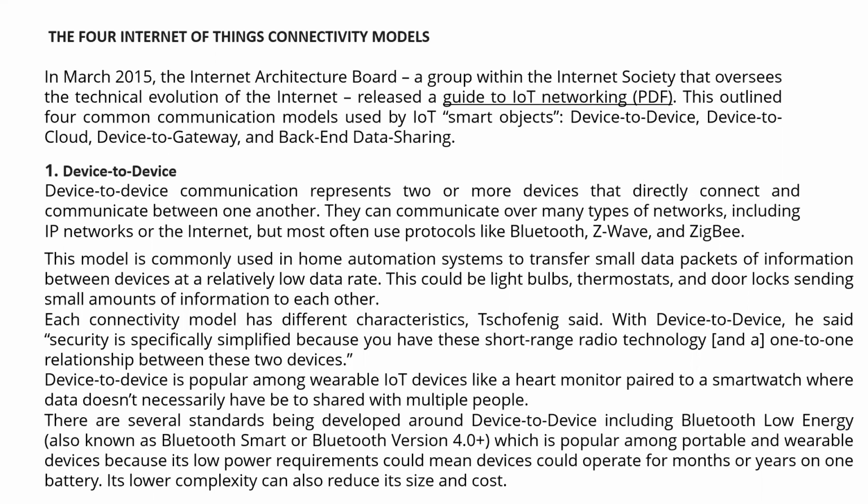This cross connectivity is a term which defines the connection between all the points in the IoT ecosystem. What are the different points? The different points are devices, the cloud, and gateways. Communication between these is nothing but cross connectivity.